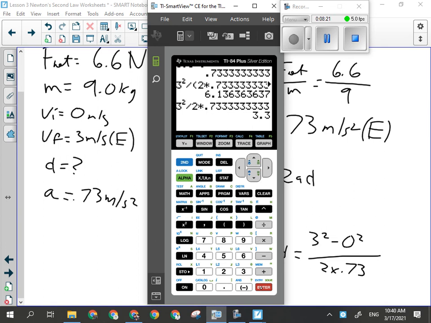I get 3.3 now. So remembering to square and put it in brackets. And you're using that formula? Weird. Can I see what you're doing?